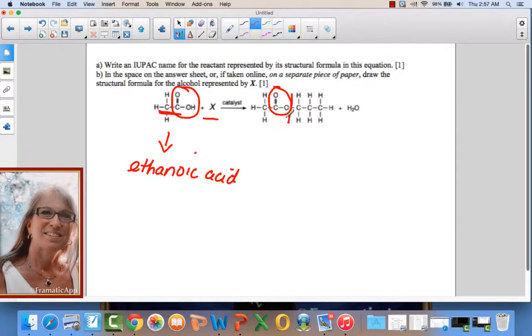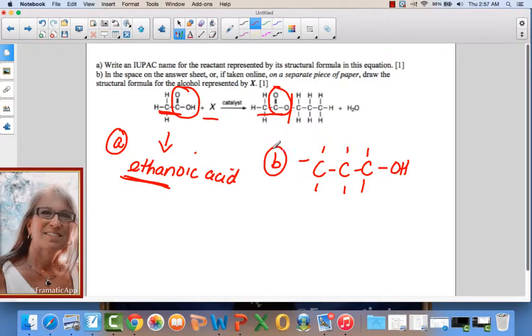So the dividing line is the O. The 2 C's before the O, that's this. It came from the acid, which means the 3 C's after the O came from the alcohol. So my alcohol has 3 C's, and an alcohol has an OH functional group. I'm going to show you that in table R, and then the rest of these are H's. So this was part A, and this was part B.